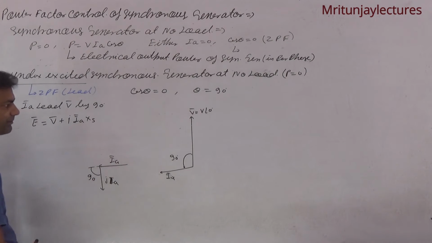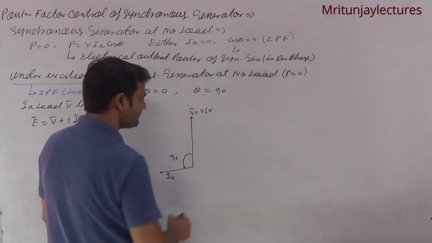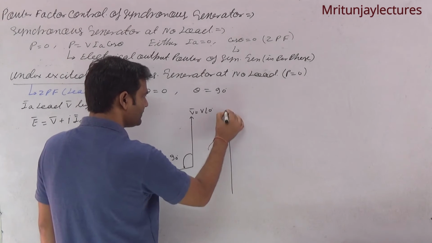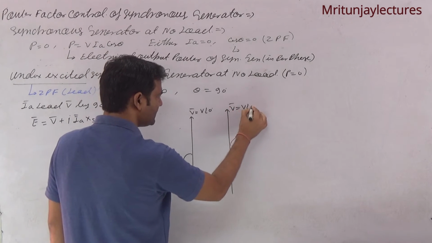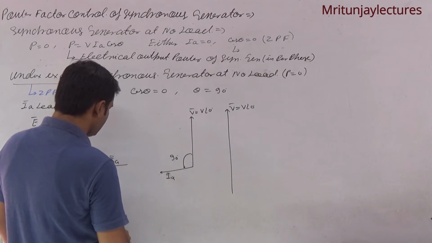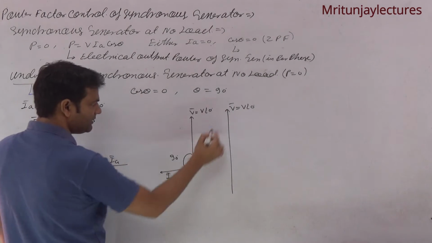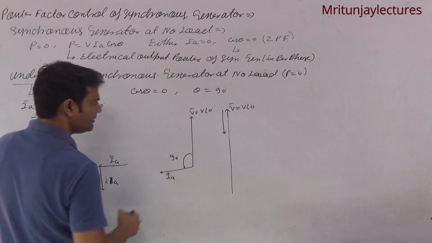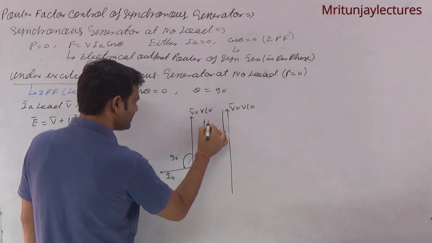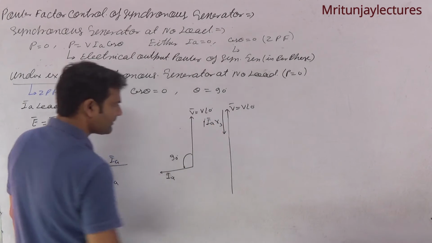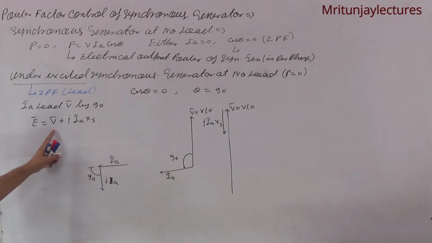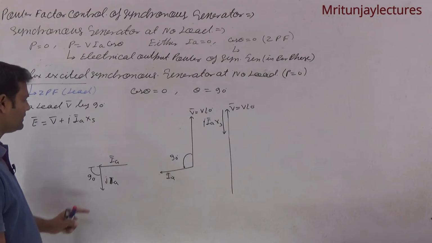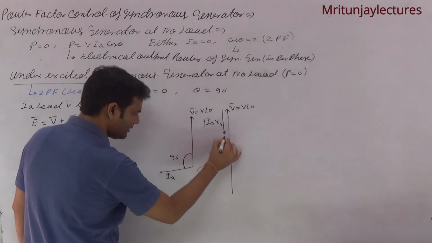If V is at the angle 0, then the direction of J I A is like this one. And if multiplied by X S, then this is called voltage drop corresponding to reactance. Clear? V plus J I A into X S is called E.